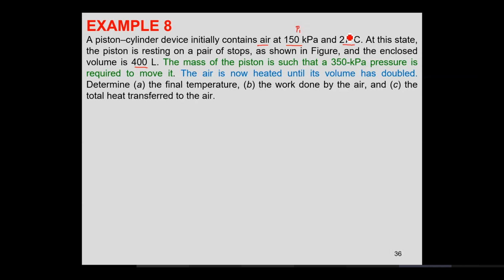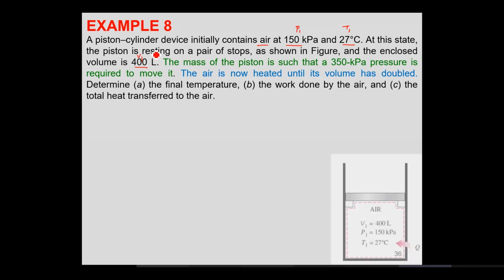So your P1, T1, and V1 are given to you, and other than that, the information given is that there is a piston resting on these two stops. So the piston cannot move downwards. This is what you understand by the statement that says the piston rests on the two stops.